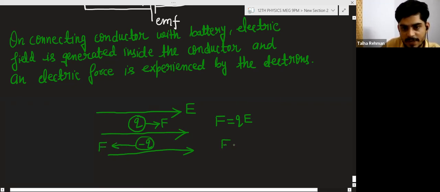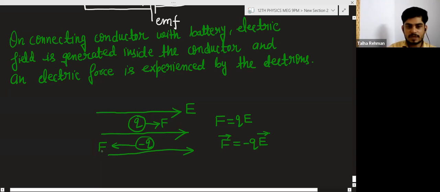So I can write this as minus QE if I want to write in the vector form. This is F1, suppose this is F2.